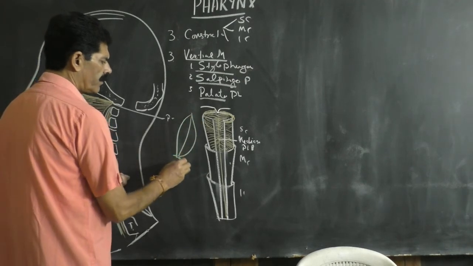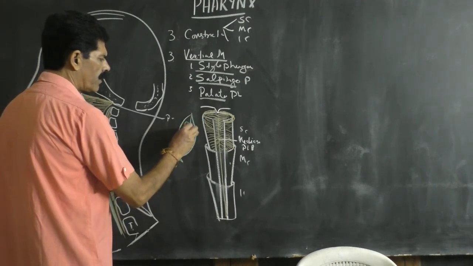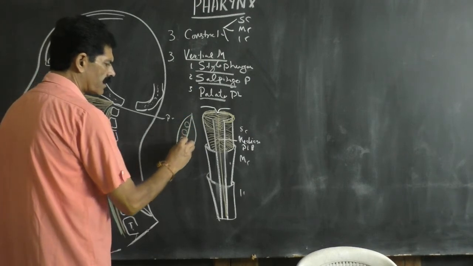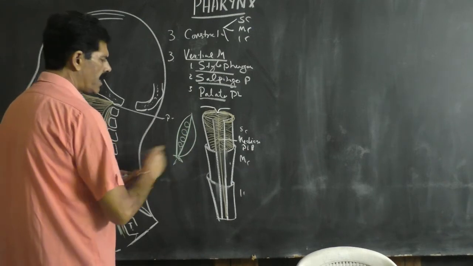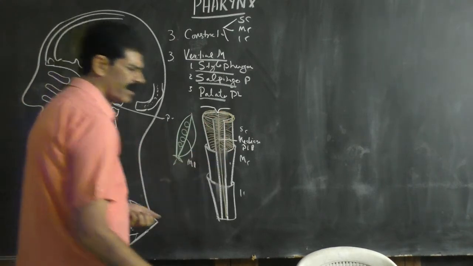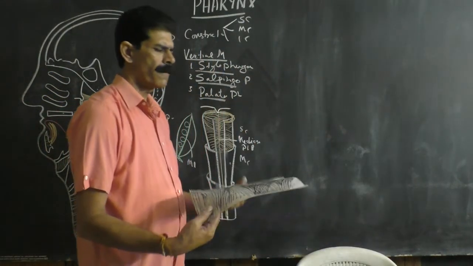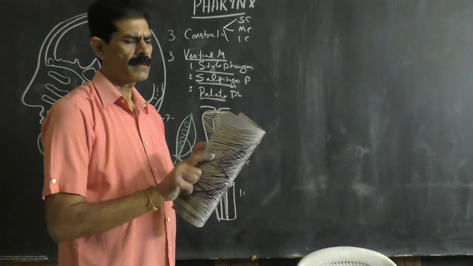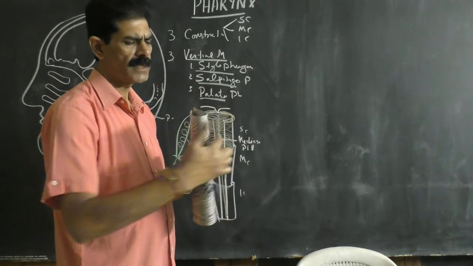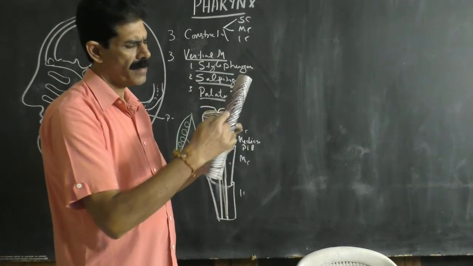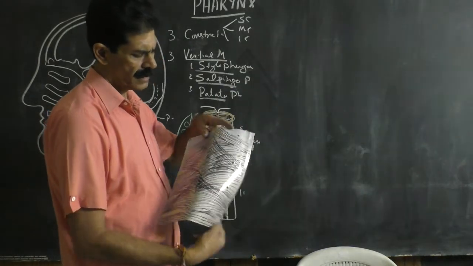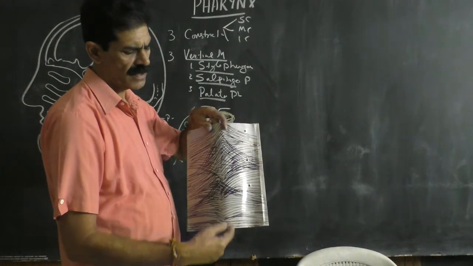As we know, when the legume of the pea is opened, we see the seeds attached. Where are these peas attached? What is this called? This is called the median raphe. Similarly, this is also a median raphe, where the right and left constrictor muscle fibers go posteriorly and decussate in the midline. The decussation, the crossing of these fibers, is called the median pharyngeal raphe.